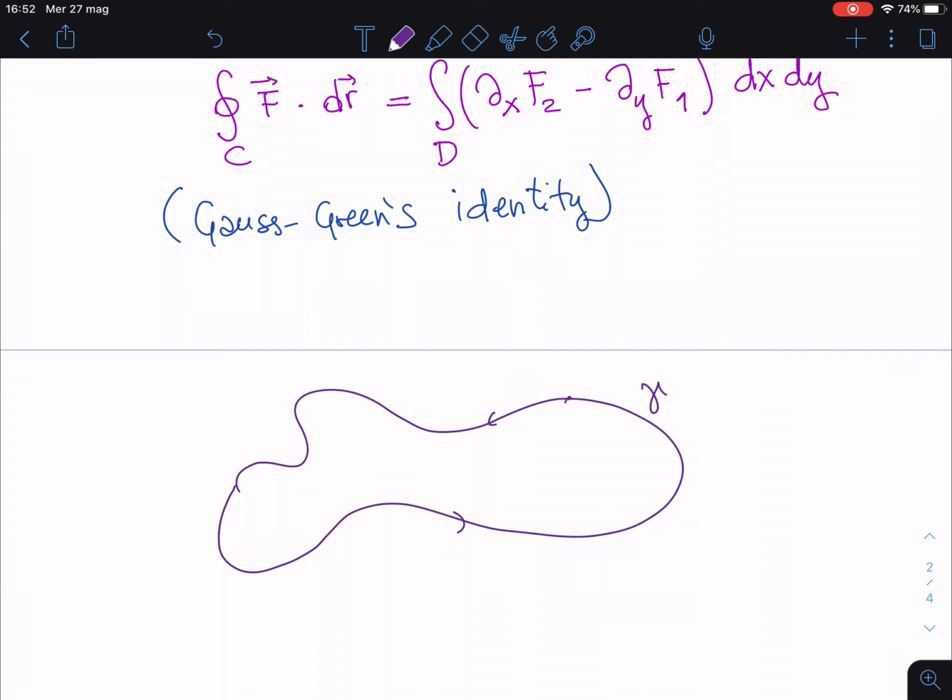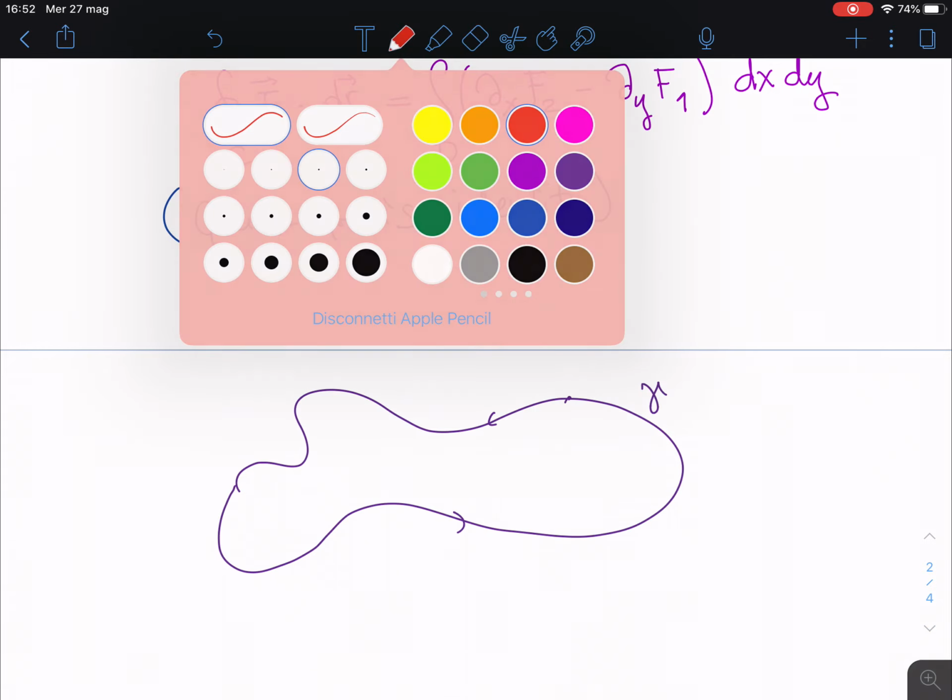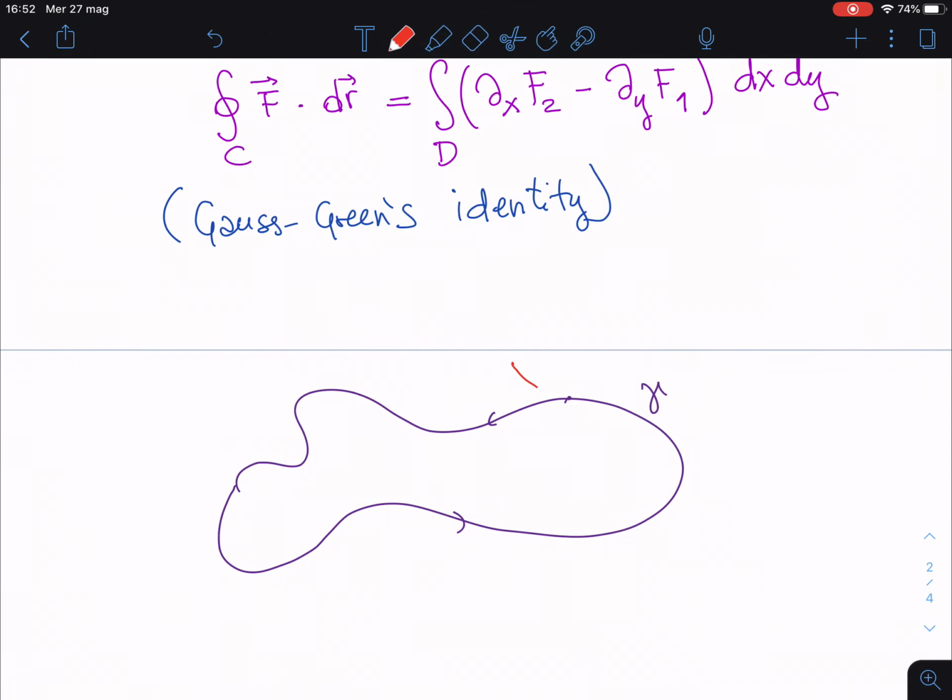So for instance, here you have F, for instance, like that, but this is not a nice vector. I want to change the vector. A more beautiful vector is this one, and here you have the tangent.